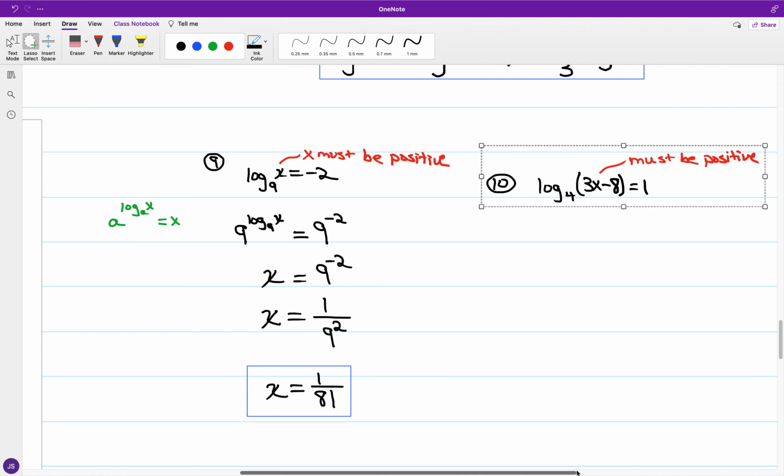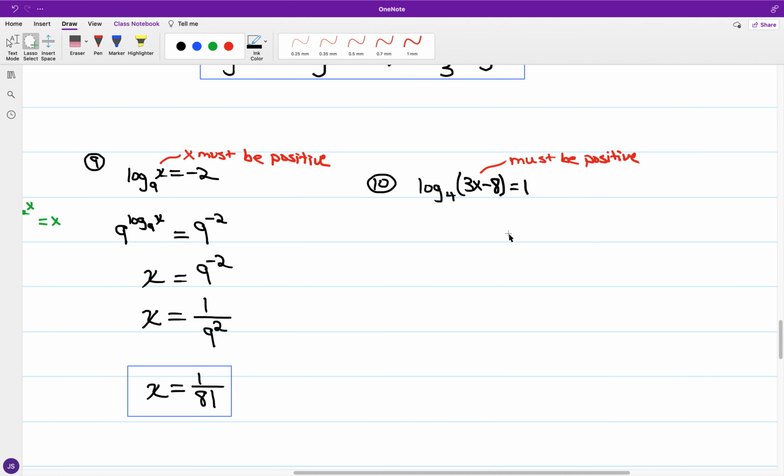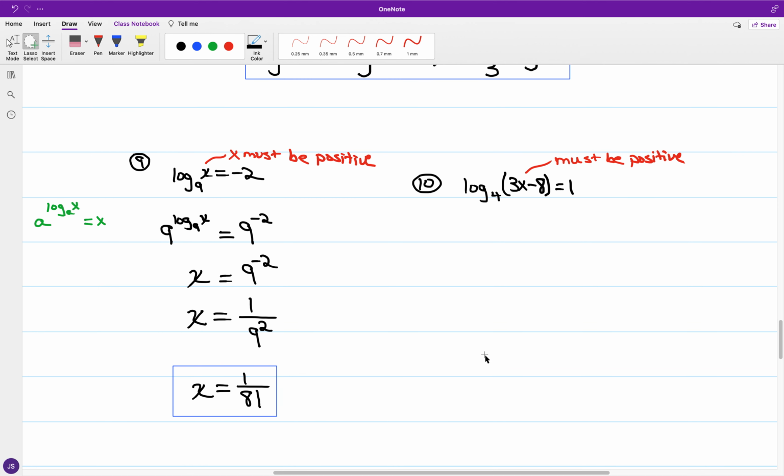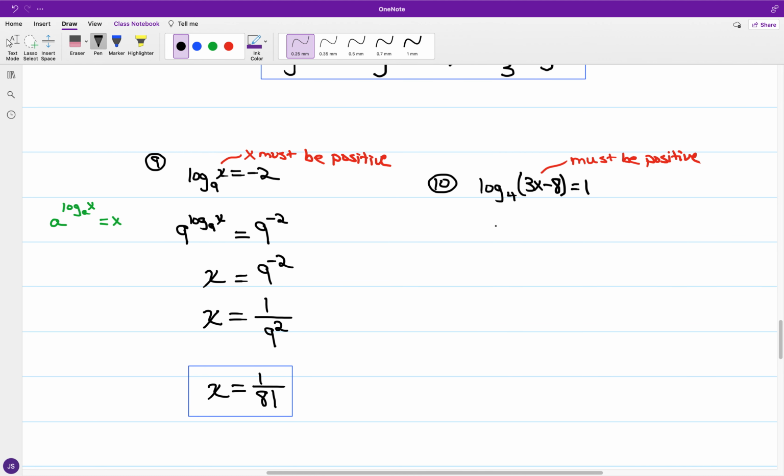Okay, so again, we're back to where we have a single logarithmic term. This time the base is going to be 4, and I can take care of the 3x minus 8, freeing it up from the base 4 logarithmic terminology. So again, I can treat both sides of the equation as powers to which the matching exponential base will be raised.